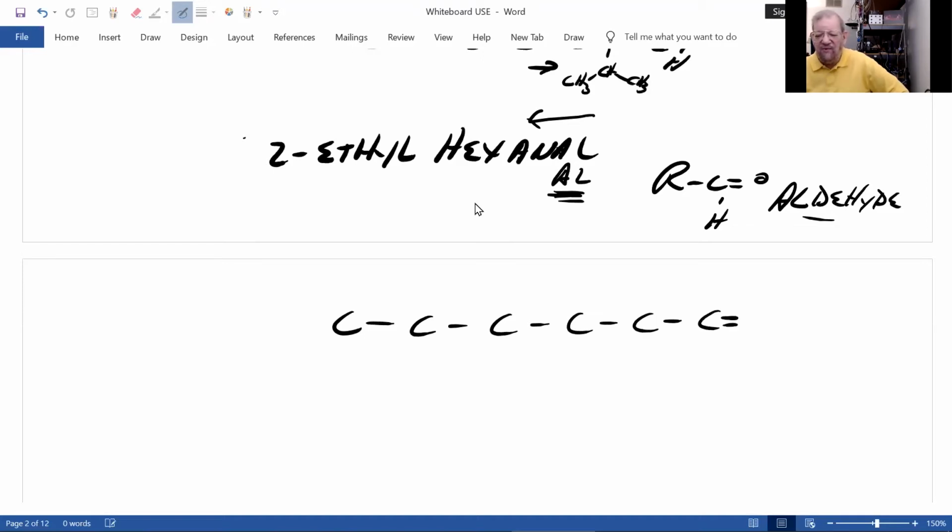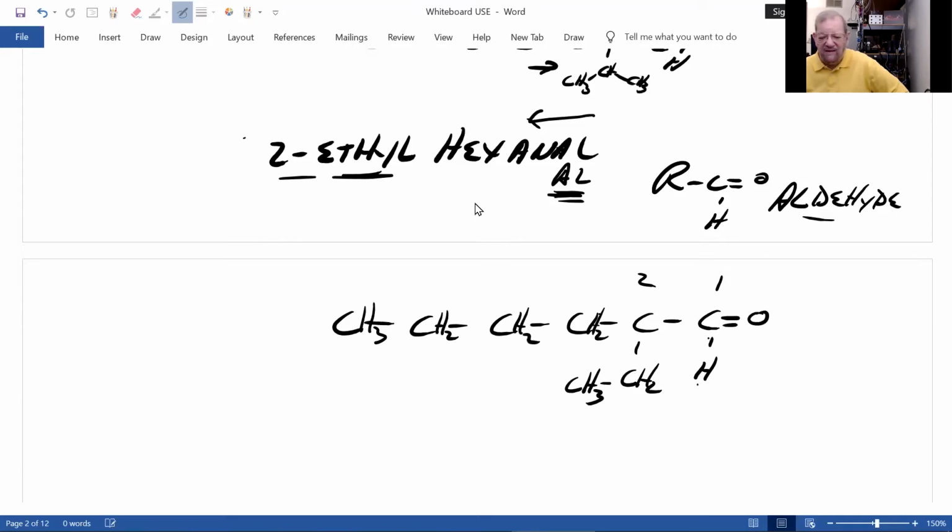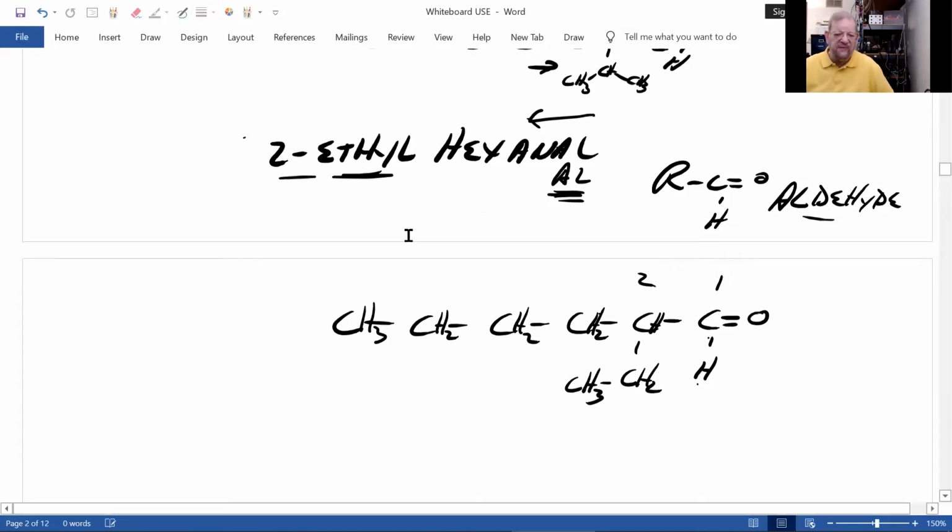At the end, we have my carbonyl group, carbon double bond to oxygen, which has a hydrogen and carbons. And carbon 2, we have an ethyl group. This is 1, 2. And there you have 2-ethylhexanal.